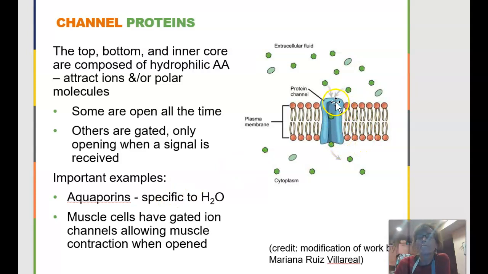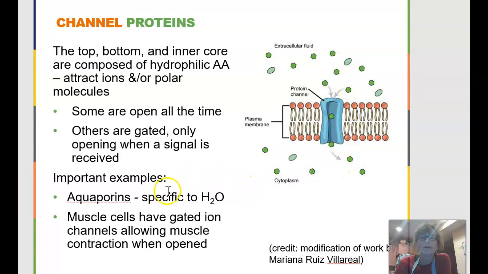You can see here the little slide affair, a protein that serves as a channel for certain things to pass through. Very often these channels allow certain ions, which have a charge, remember, or polar molecules, to pass readily either in or out of the cell. Some have gates on them, and some are open all the time.